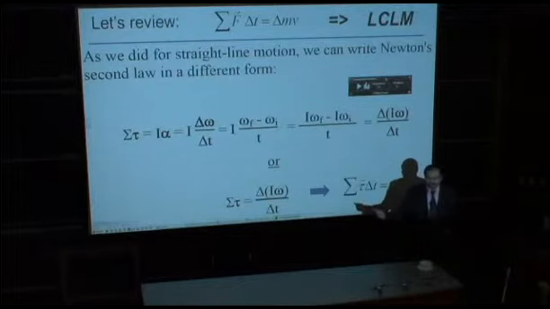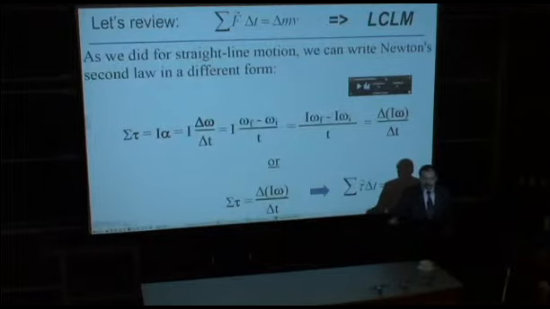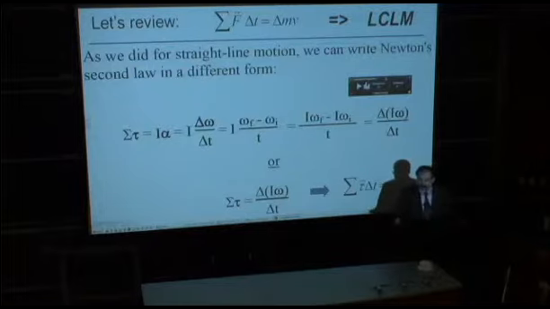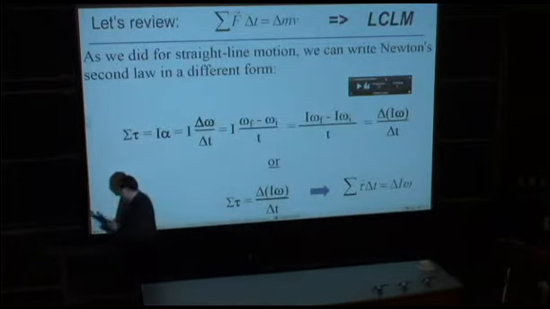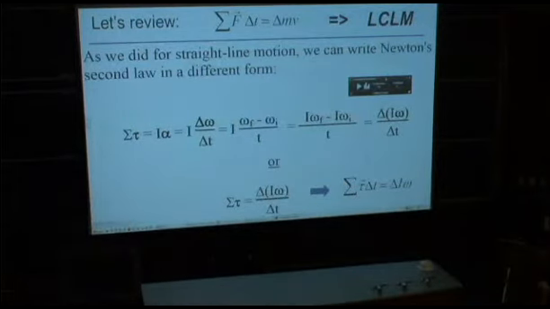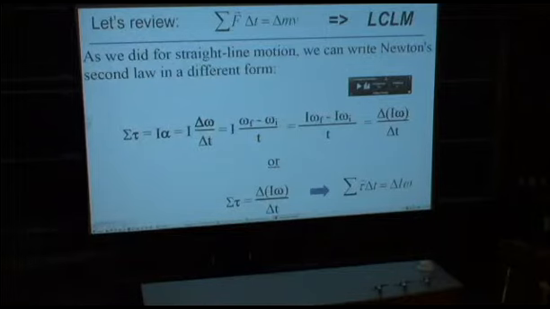And now another quantity, momentum. We used the law of conservation of linear momentum to describe possible collisions between cars, for example. And for rotational motion, very similar reasoning can be applied.